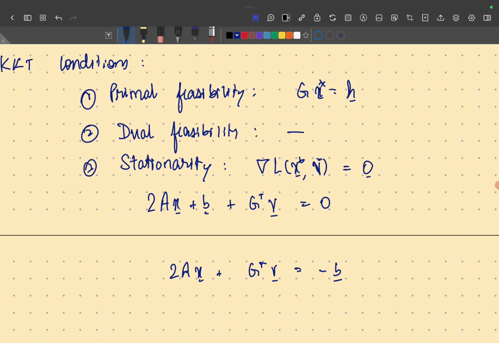Okay. Maybe if it helps, perhaps I can write down all the KKT conditions on one side.